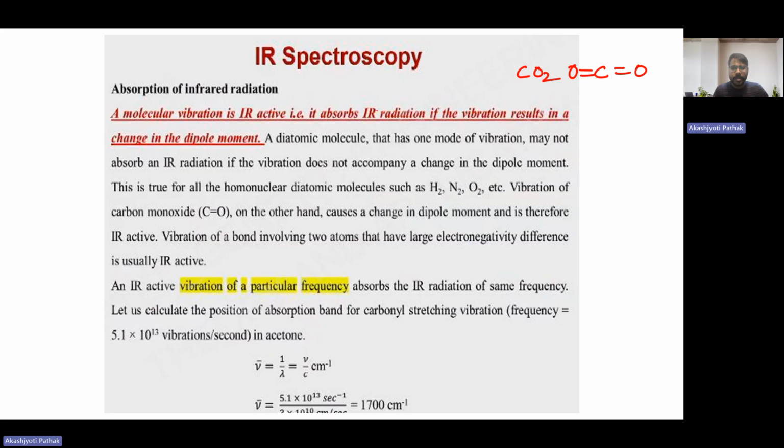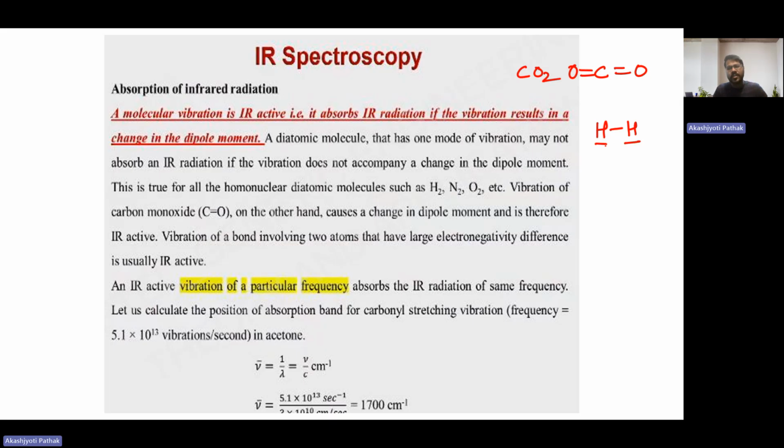Okay, so a diatomic molecule that has one mode of vibration may not absorb an IR radiation if the vibration does not accompany a change in the dipole moment. This is true for all homonuclear diatomic molecules such as hydrogen, nitrogen, oxygen. If we consider the hydrogen molecule, these are all homonuclear diatomic molecules. They are having the same atom.